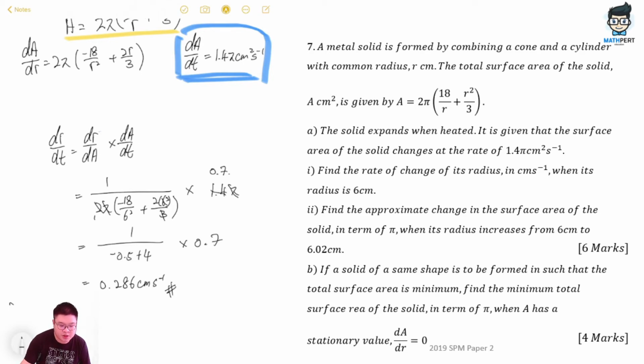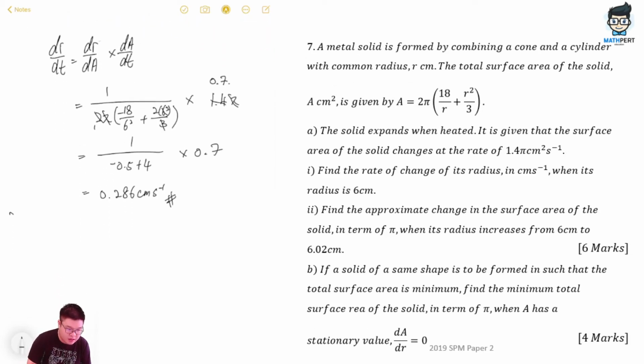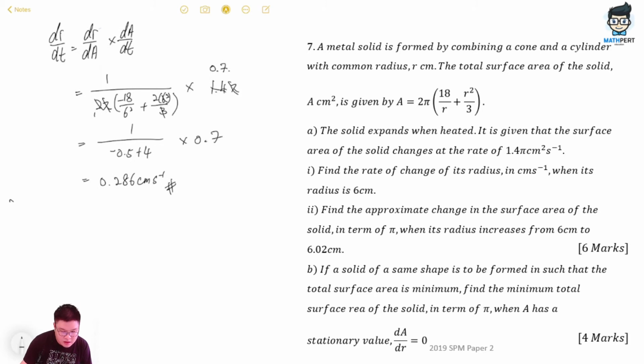Second part of the question: find the approximate change in the surface area of the solid in terms of π when the radius is increased from 6 cm to 6.02 cm. In terms of π means we leave the π at the end of the solution.